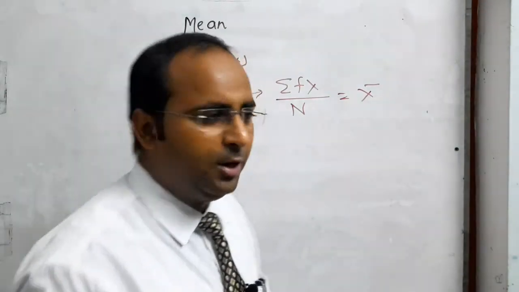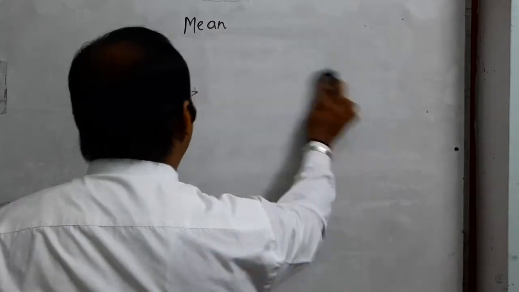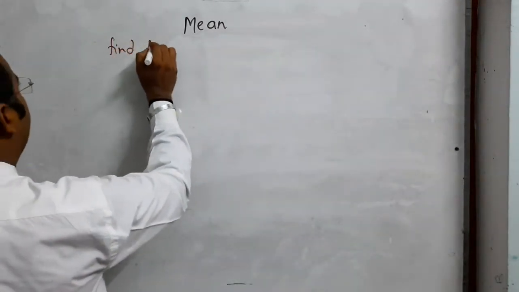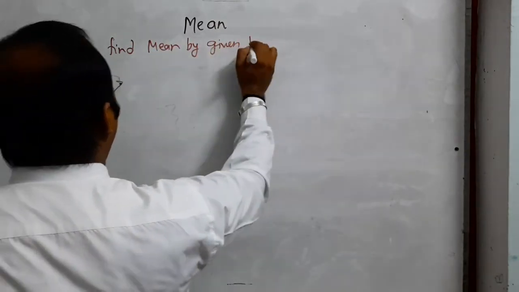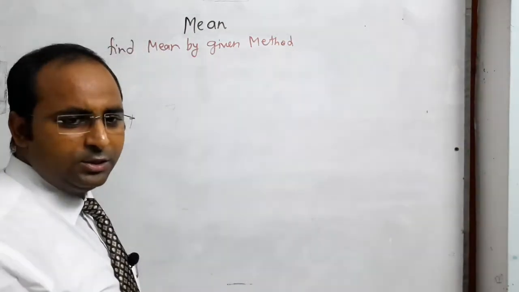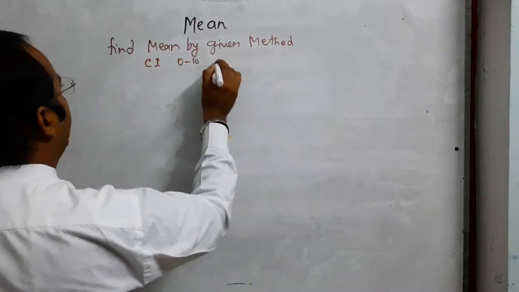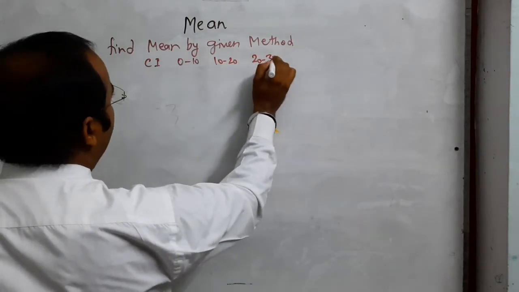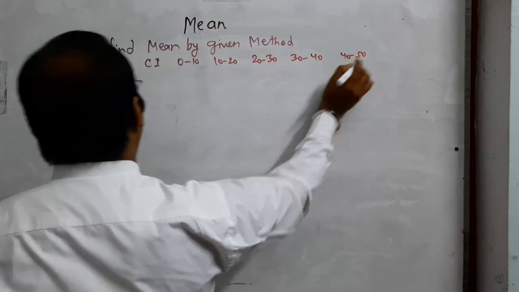Okay, now we take a sum here, so that you can understand easily. Find the mean by the given method. Now the question is given here. Class intervals are 0 to 10, 10 to 20, 20 to 30, 30 to 40 and 40 to 50.